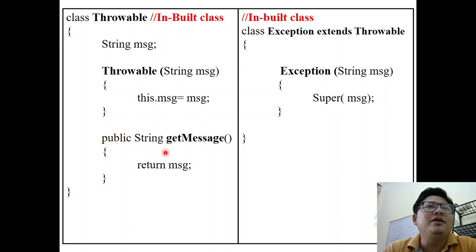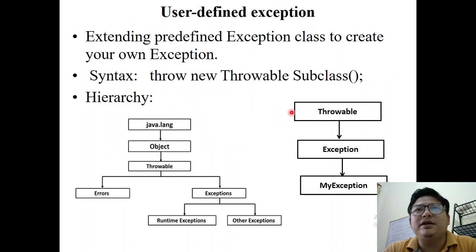Then there is a method which can be accessed from anywhere in the program because it has been declared as public, and it will return a message. So whatever the constructor initializes in this instance variable of the Throwable class, it will return. So this is the content of Throwable.